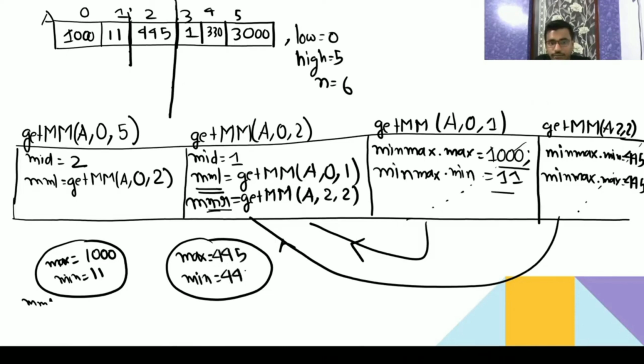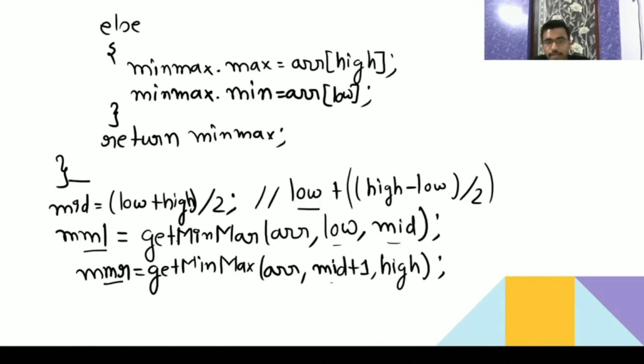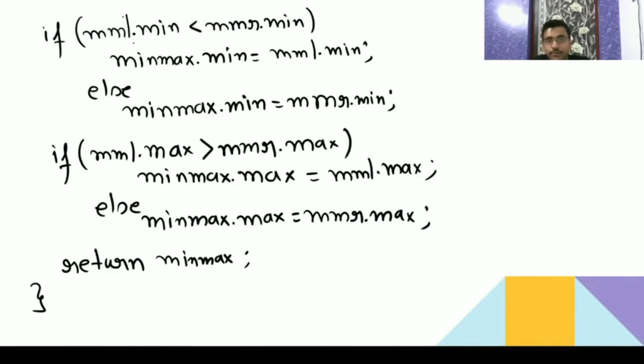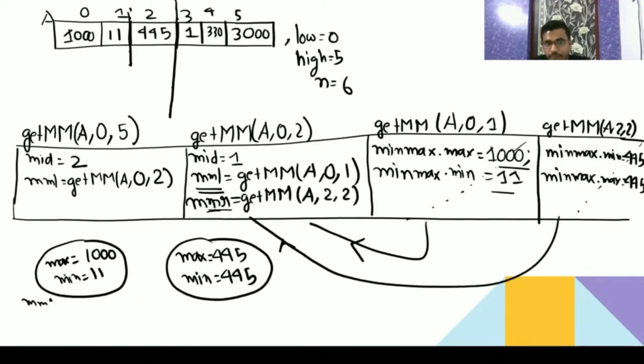Now you have called on the left hand side and the right hand side. Now you compare the min of this with the min of that, and the max of this with the max of that. Here you find the min max, here you find the min max. Now compare the min max of these two arrays, then you get the actual min max of this array.